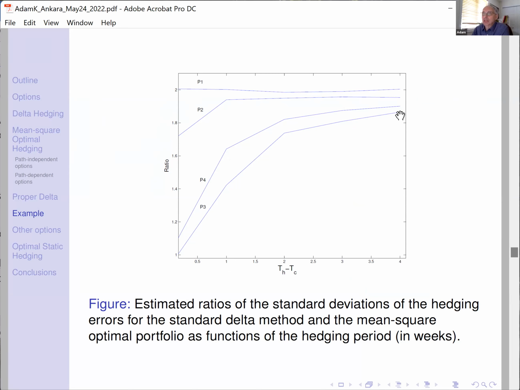However, if the current spot price of the underlying is close to the option being at the money, the quadratic component is large and it dominates the error coming from the path component. And in this case, the corrected delta behaves in a similar way as the standard delta.